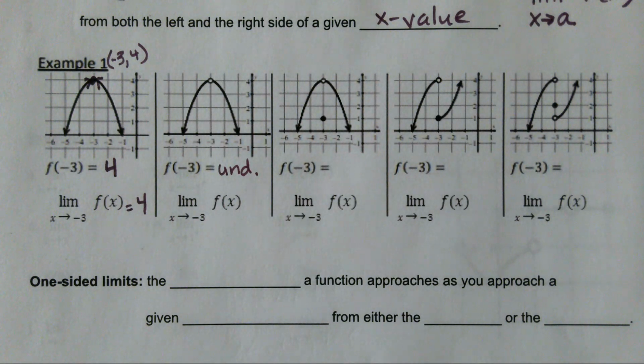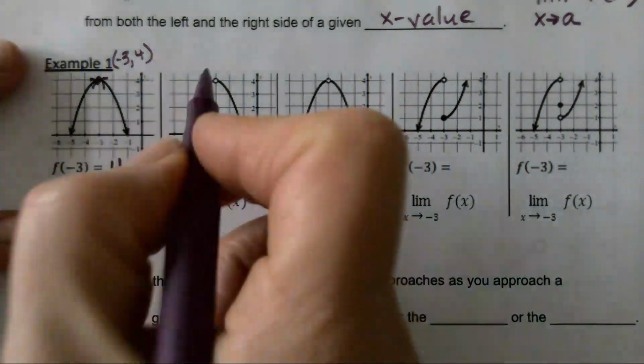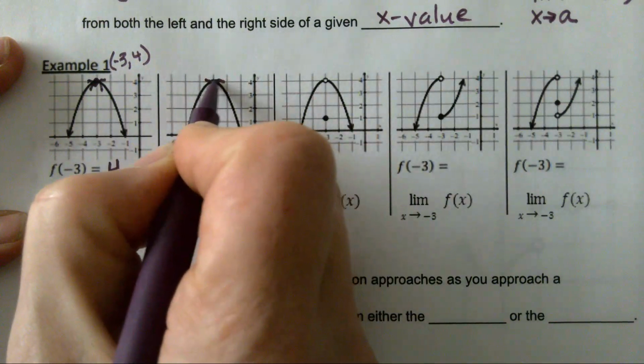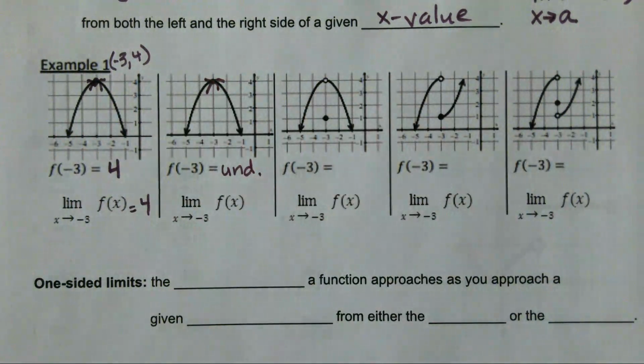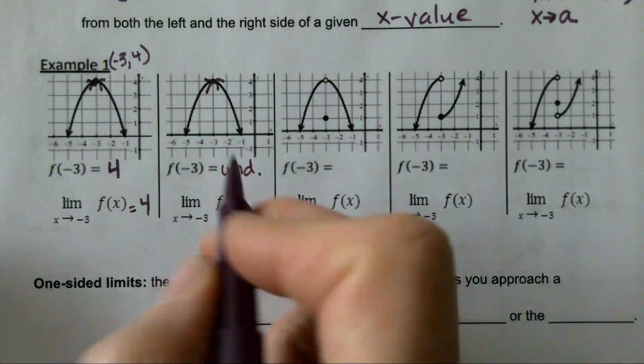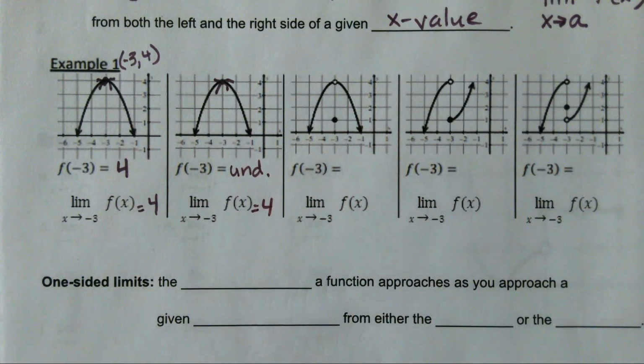But to each side of that hole, the graph moves up towards that hole, right? On each side, it is surrounding that hole. And that means that my limit is 4 again. So here's an example where I don't have a value, but I have a limit.